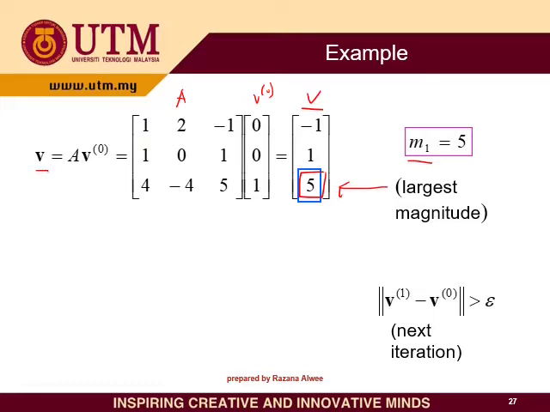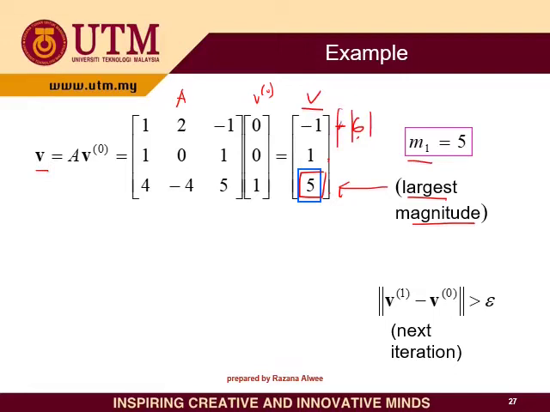Largest magnitude means, as I mentioned before, the absolute value. Let's say the answer for this one is -6. So if it is -6, 1, and 5, our M1 will be 6, because it is absolute.